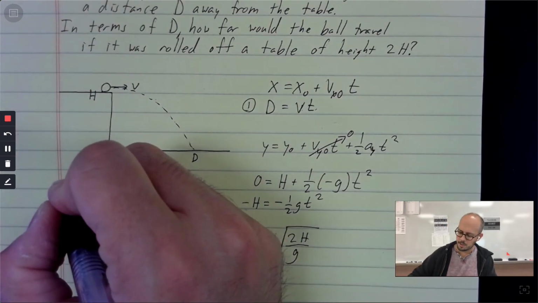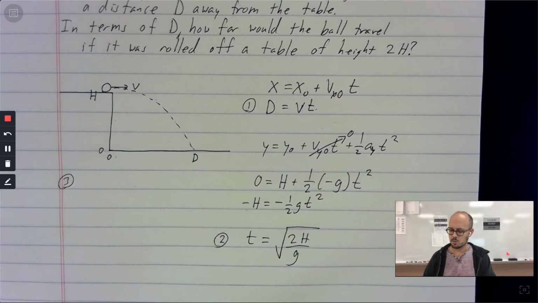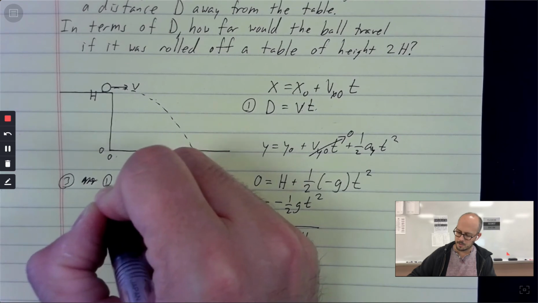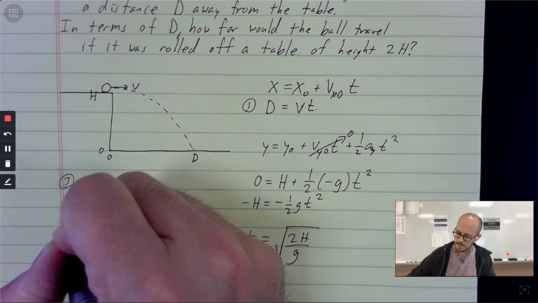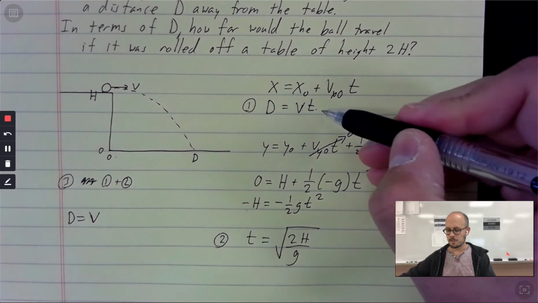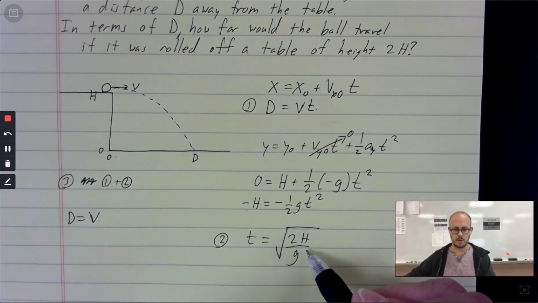But the third thing I'm going to do is combine equation 1 and equation 2. And I say, okay, that means that d equals the initial velocity it has coming off of the ramp times time. I know that time is equal to the square root of 2h over g.